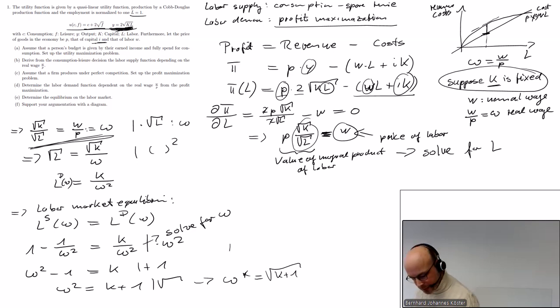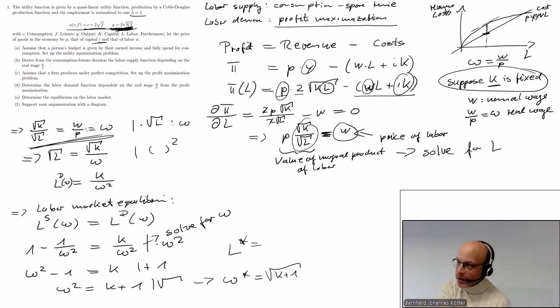What is then L star? Or how do I obtain L star? This is always the same. We have done this the last time in the AS-AD, IS-LM model.